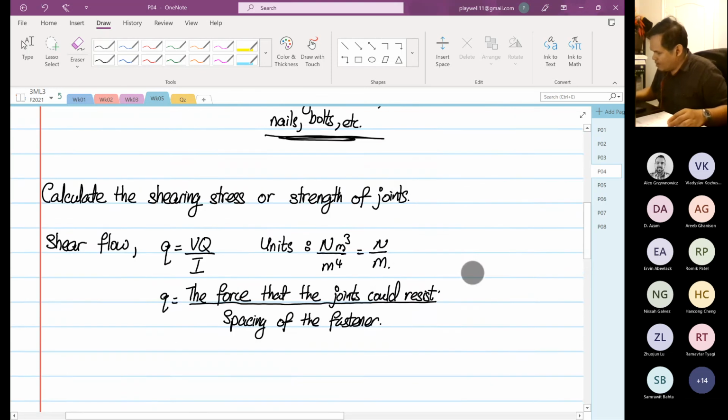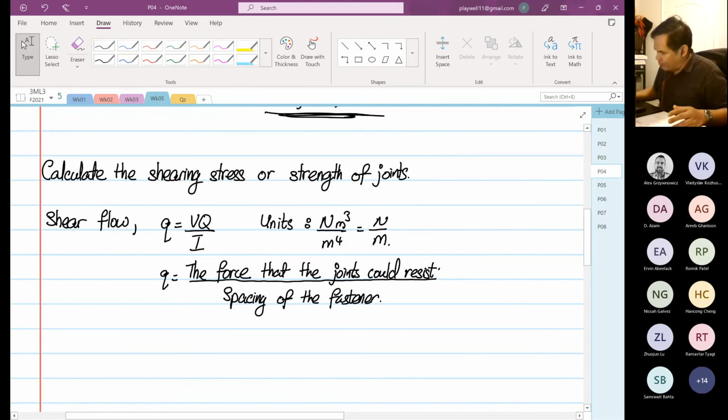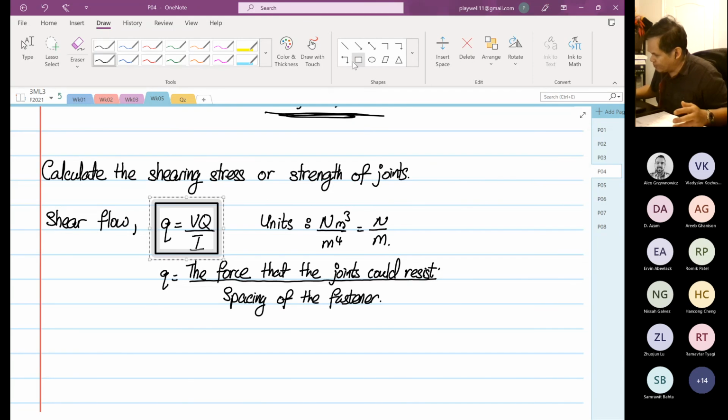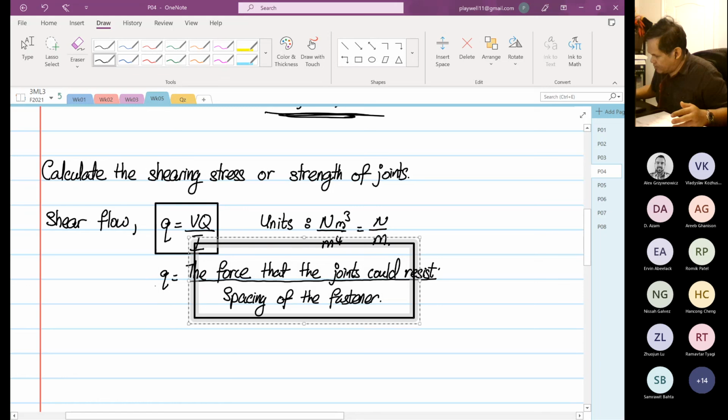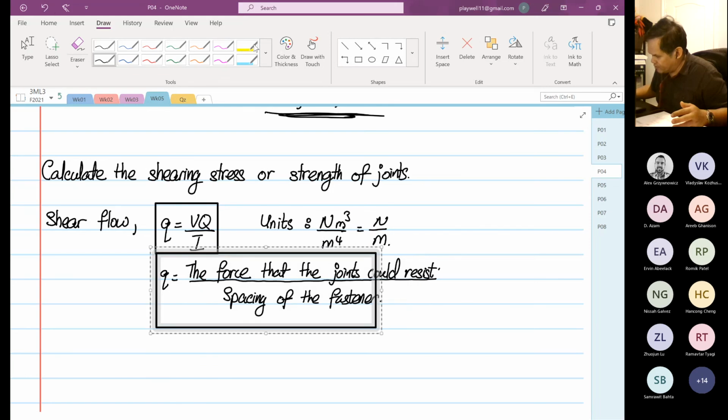So the formula used, as you can see, is shear flow equal to VQ over I. All right, seen this before. As I told you, this topic is only 2 formulas, and the spacing of the joints that you could resist.